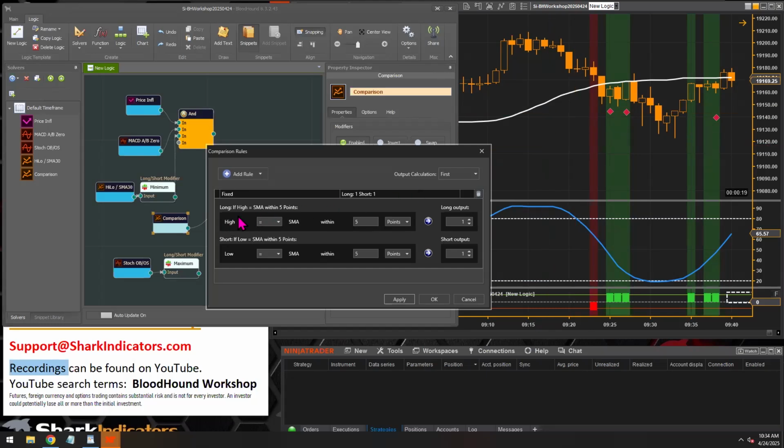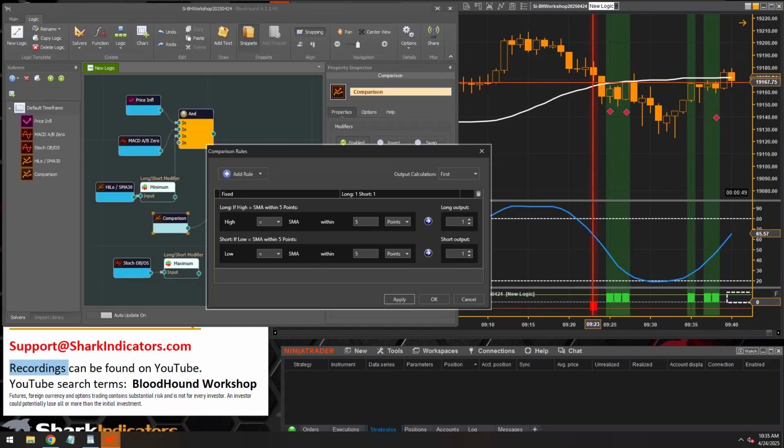So we're getting a long output here whenever the high price equals the SMA within this 5-point range. So there we go. So we can see, all of these high prices, those 3 bars are within 5 points of our SMA. This bar here, that high price is more than 5 points above the SMA.